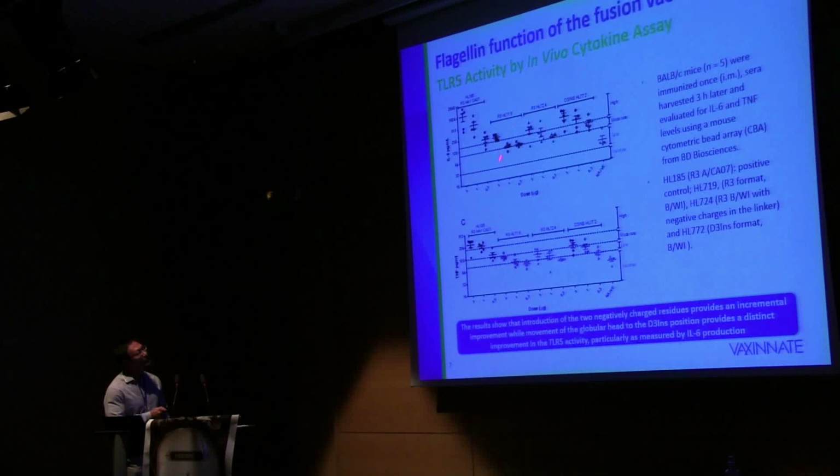As shown here, in IL-6 and TNF alpha levels, the negative charge modestly improved cytokine secretion, but the D3 insertion format provided the most significant improvement in cytokine levels, especially IL-6.